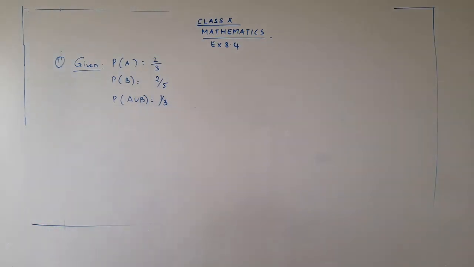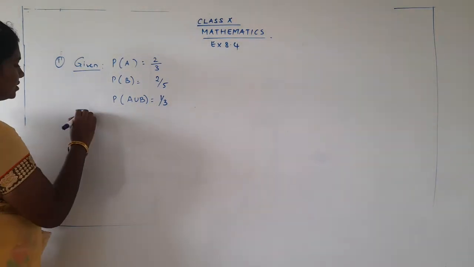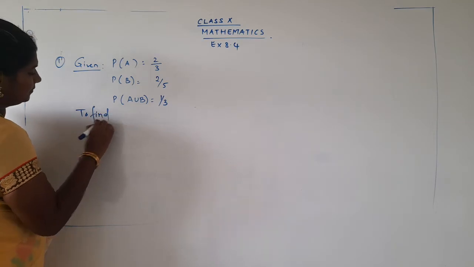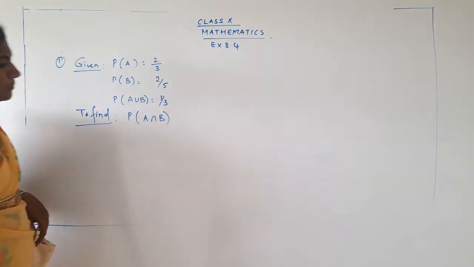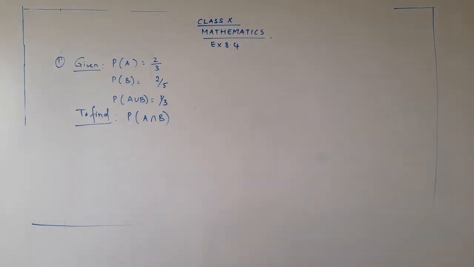So that is the given part, and we have to find out P of A intersection B.